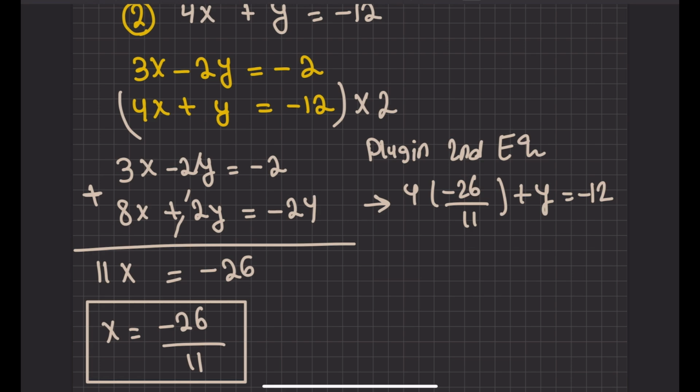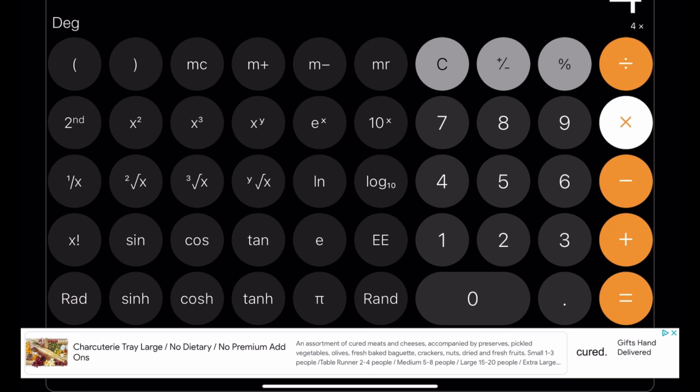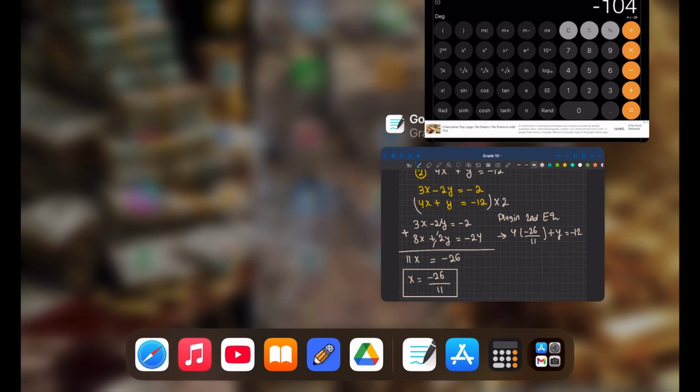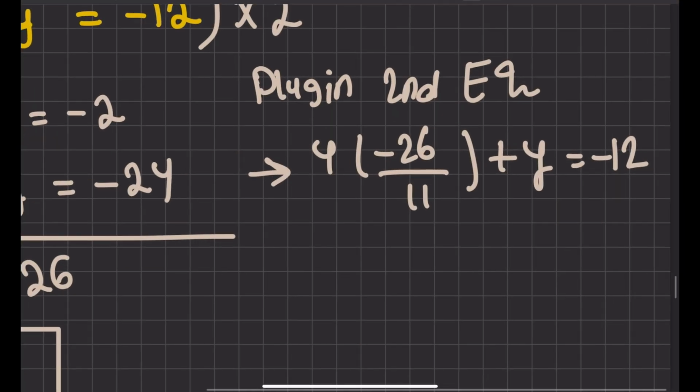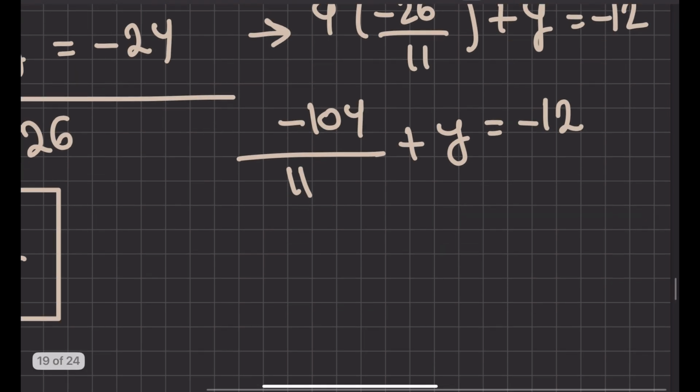So 4 times negative 26 equals minus 104. So it's going to be minus 104 divided by 11 plus y equals negative 12.